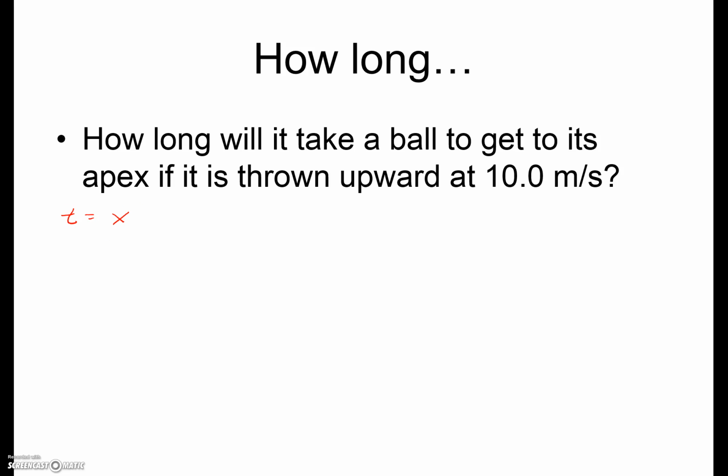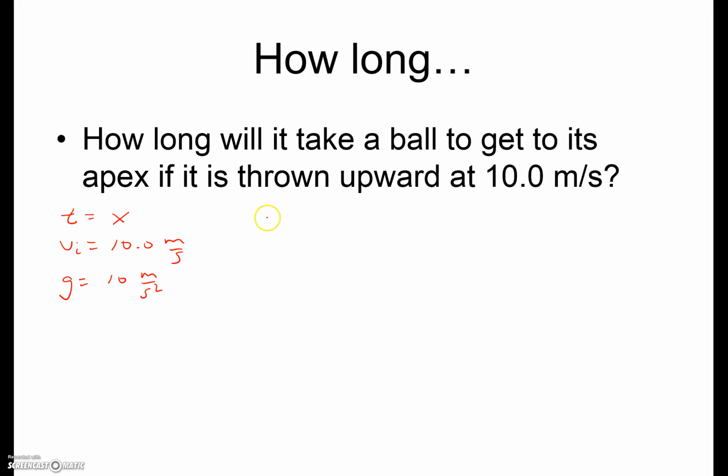The 10 meters per second is our initial velocity that our object starts upward at. So we've got 10.0 meters per second for our initial velocity. And we know that g is going to be our acceleration due to gravity, so 10 meters per second squared.